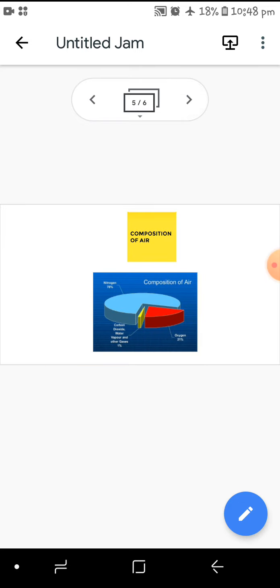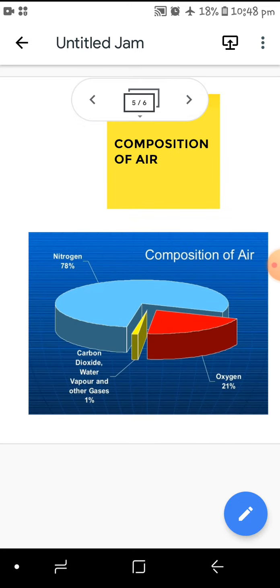Now we will discuss the composition of air. Air is a mixture of gases. Till the 18th century, people thought that air was just one substance. But later, a French scientist known as Lavoisier proved that air is a mixture of many gases. The major components of air are nitrogen gas, which is 78%, denoted in blue in this diagram.